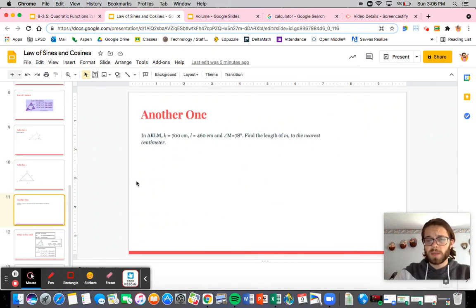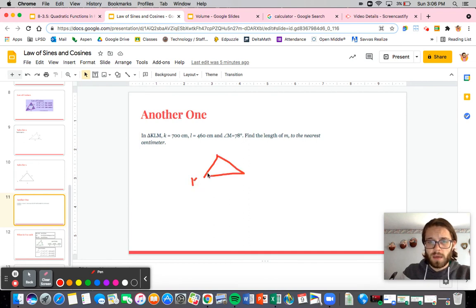This one is a word-based one. All right. Again, when in doubt, when you have words, draw a picture. K, L, M. This is 78. L is 460. K is 700.